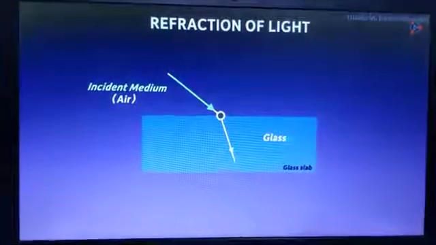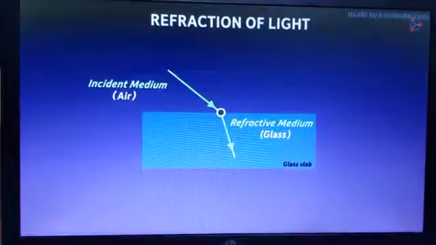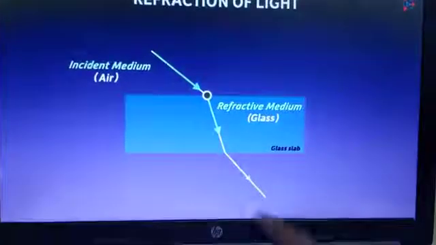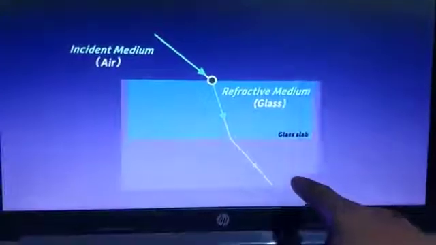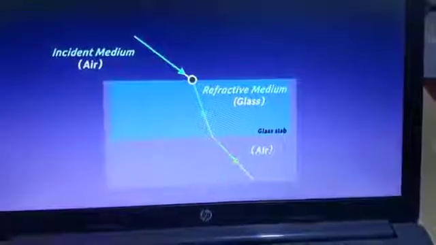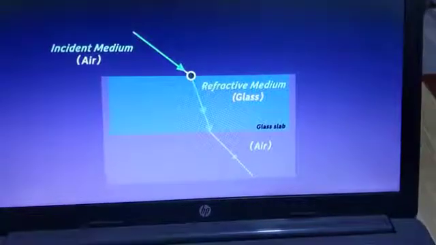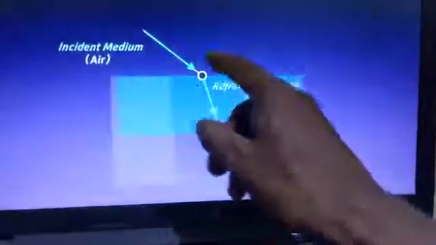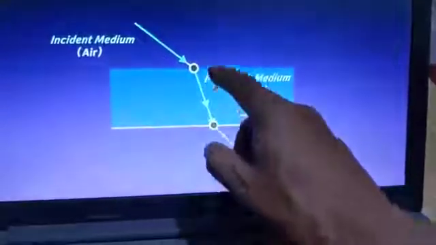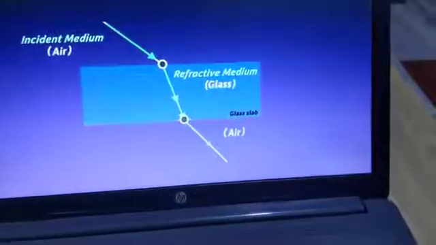Incident medium and refracted medium. You see, again, going outside to the air, it will be refracted again. But don't forget, here the angle of incidence and this angle are equal. This refracted angle is equal to this one also.